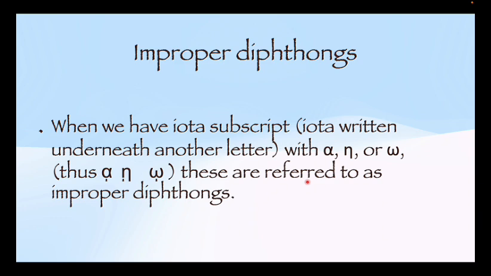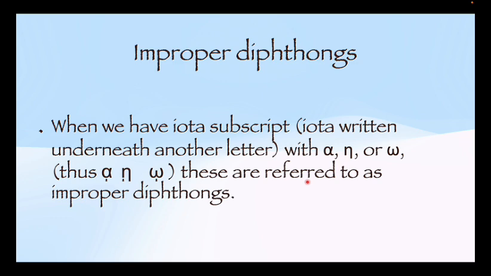Don't worry about the pronunciation yet. You will learn in the future. As you go through the material, you will familiarize yourself with each diphthong. But for now, focus on which ones are diphthongs and which are not diphthongs.